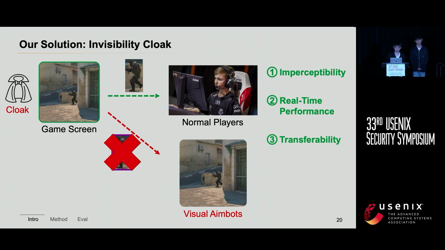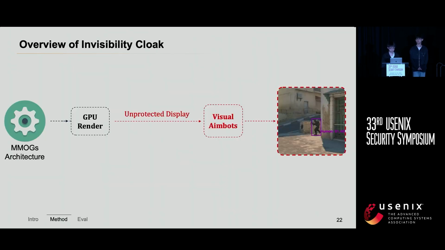Therefore, we employed various proxy models to ensure our method's transferability. Lastly, it is also important to make our cloak work well in different maps and game scenarios, so we used a lot of game screenshot data for training to ensure robustness.